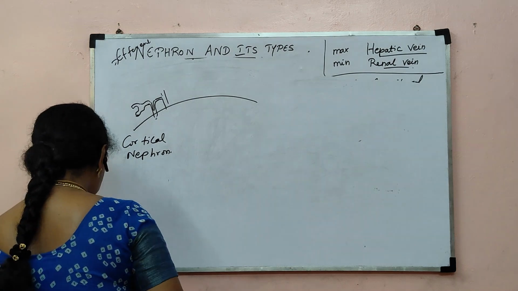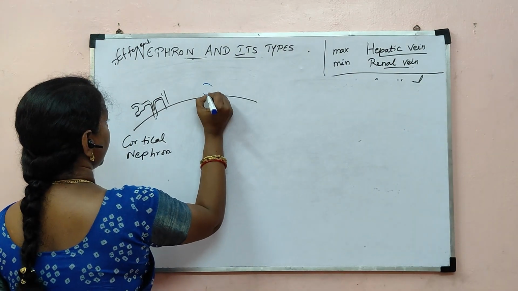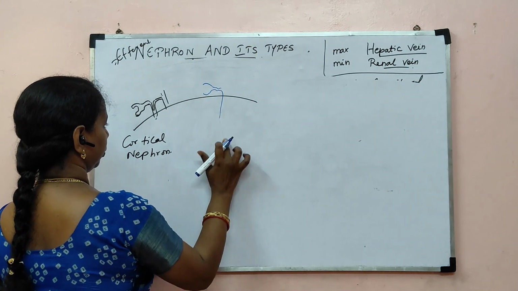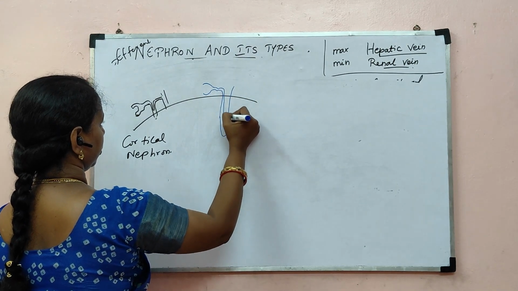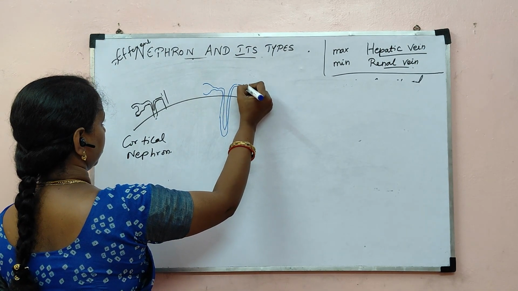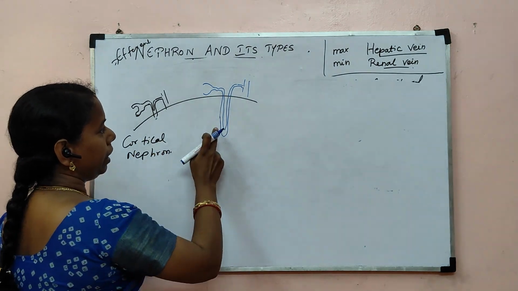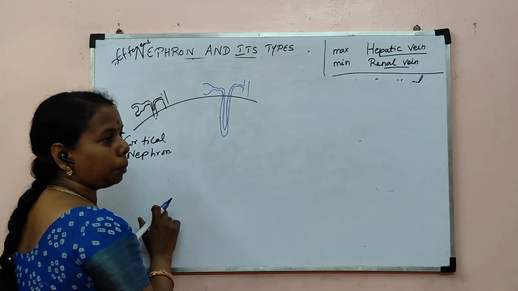On the other hand, if we see the nephron where the Bowman capsule, PCT, and Henle's loop, you can see the difference. The Henle's loop is even found in the medulla.